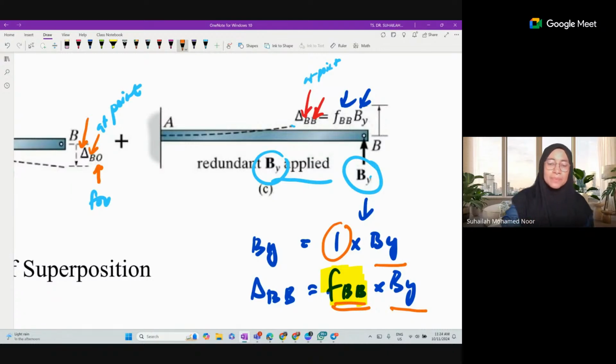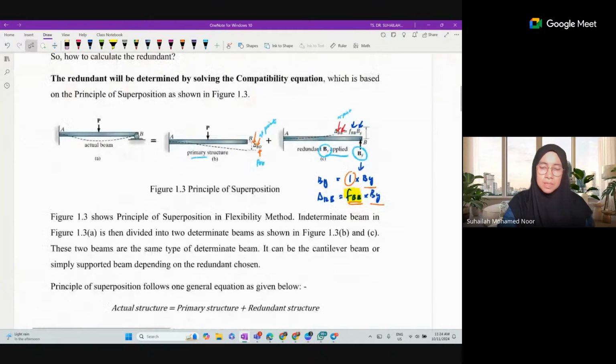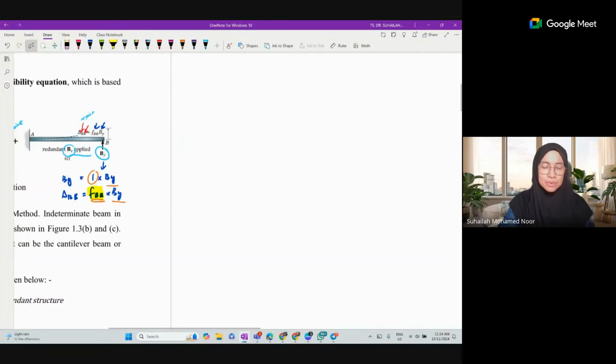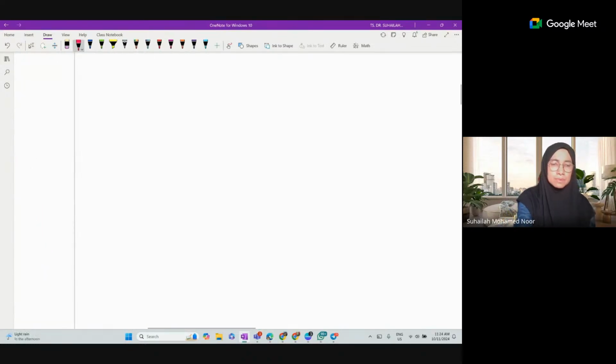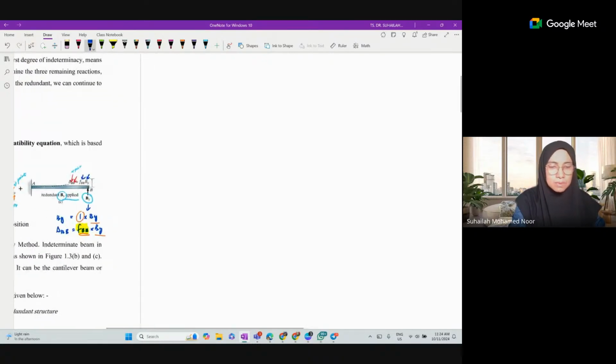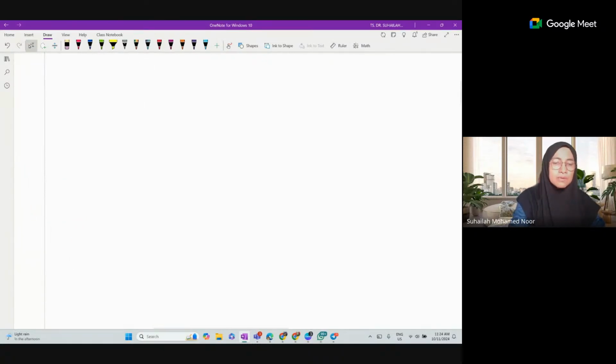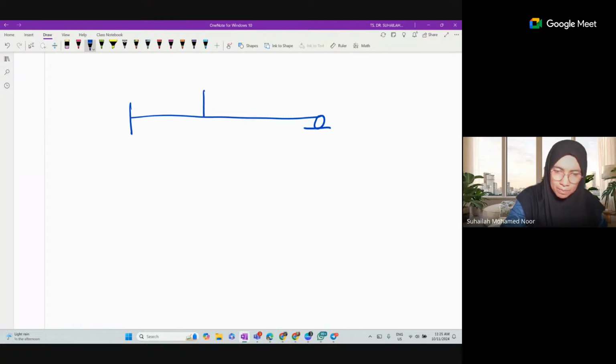So that is why previously we have, okay, for example, let's say we have one beam, one roller, one point load, one UDL.